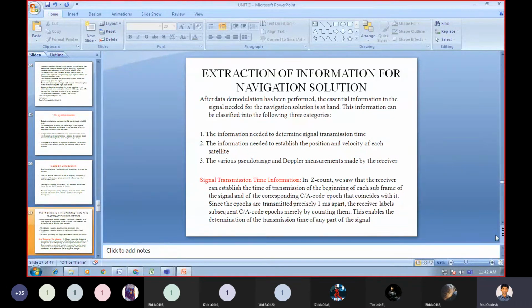After data demodulation has been performed, the essential information in the signal needed for the navigation solution is at hand.